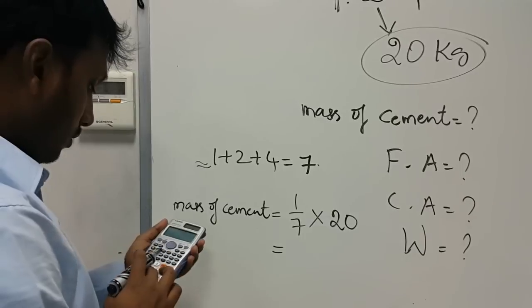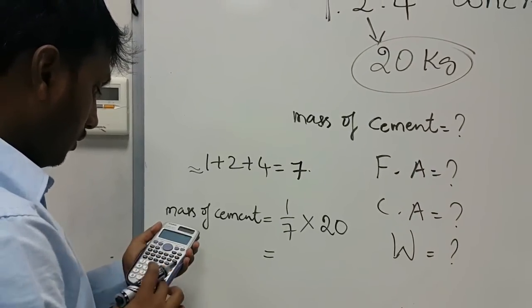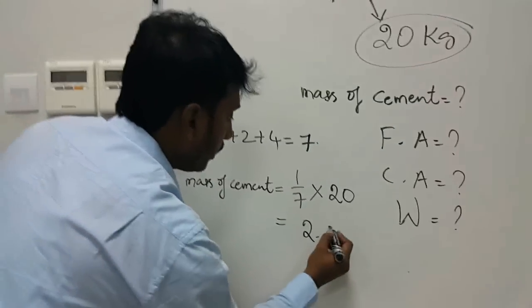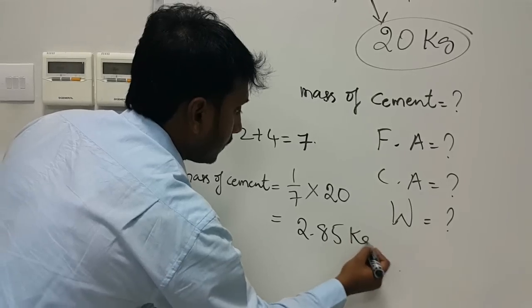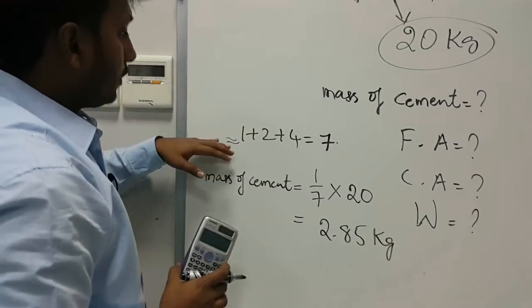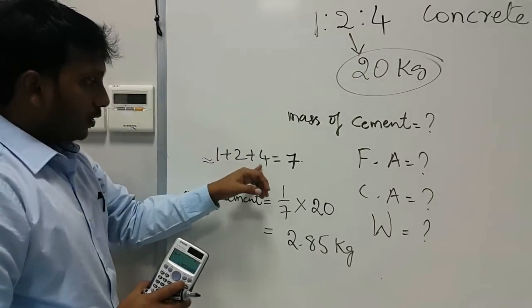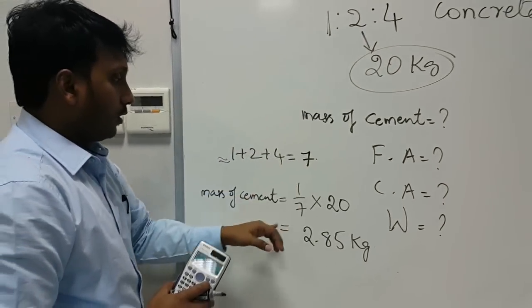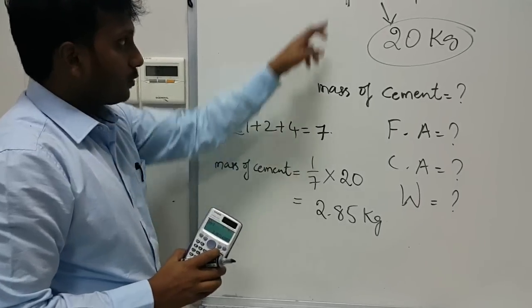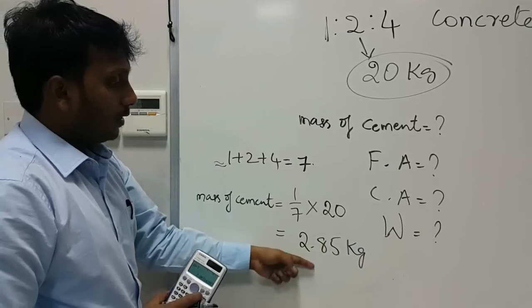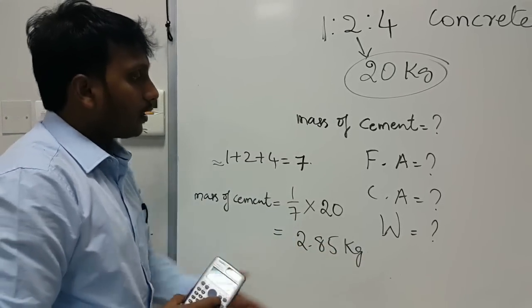If you solve this, 20 divided by 7, this is 2.85 kg. So the mass of cement is 1 portion, 1 out of 7, multiplied by 20, 2.85 kg.